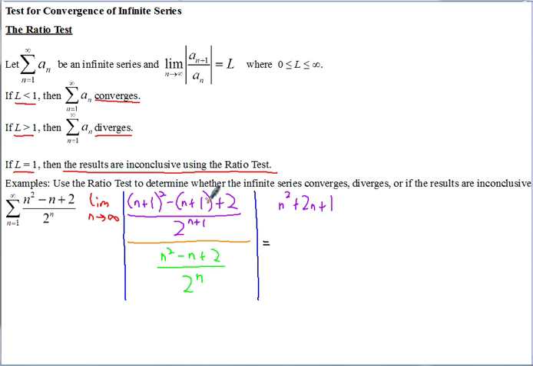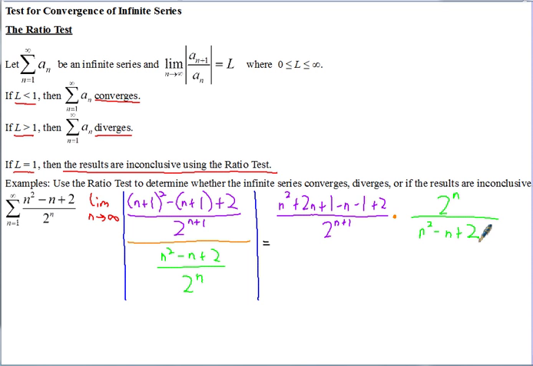Distribute the negative, gives you negative n minus 1, and then we have plus 2 over 2 to the n plus 1. And then instead of divided by that fraction, that's the same as multiplying by its reciprocal, which is 2 to the n divided by n squared minus n plus 2.